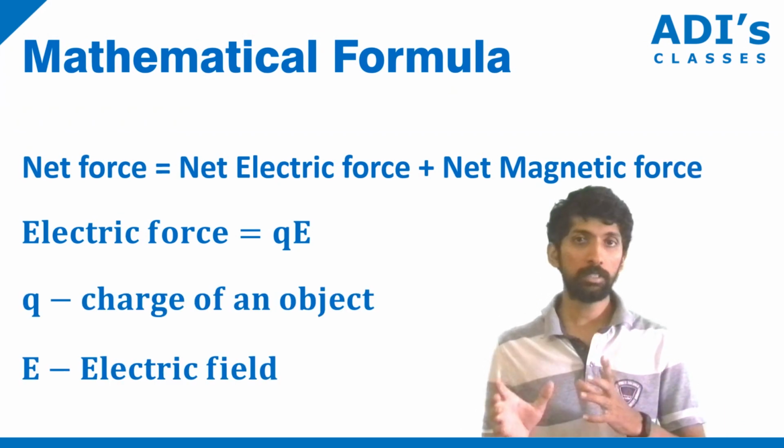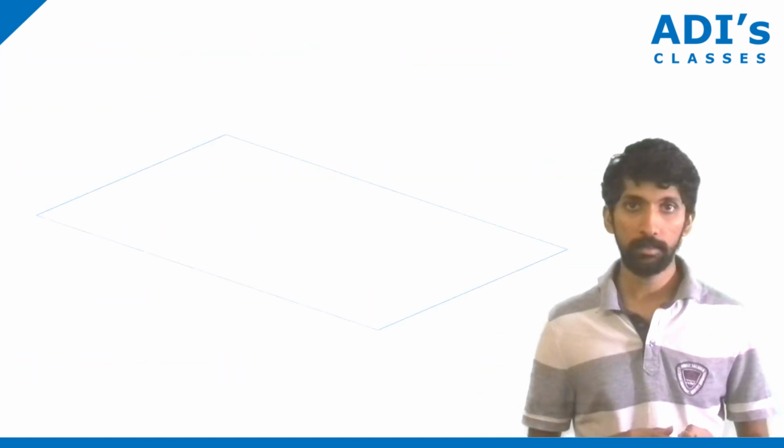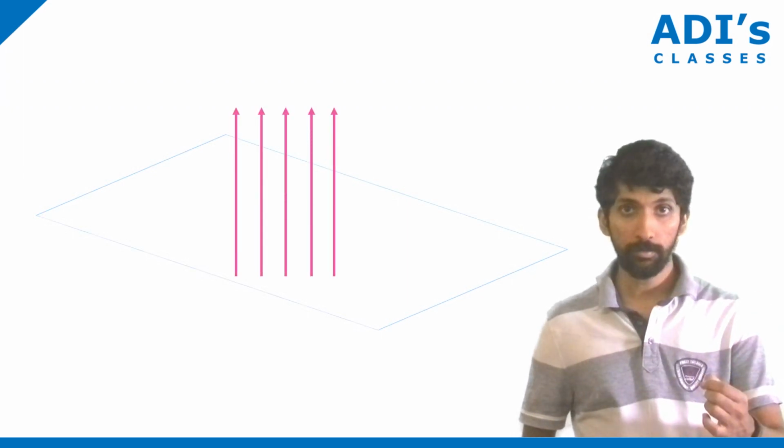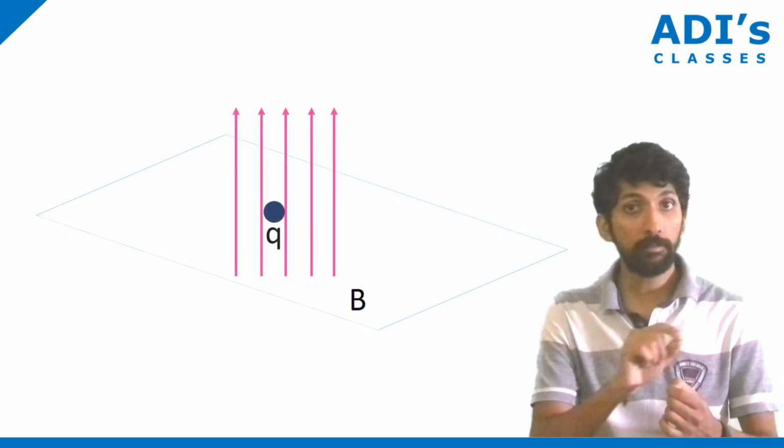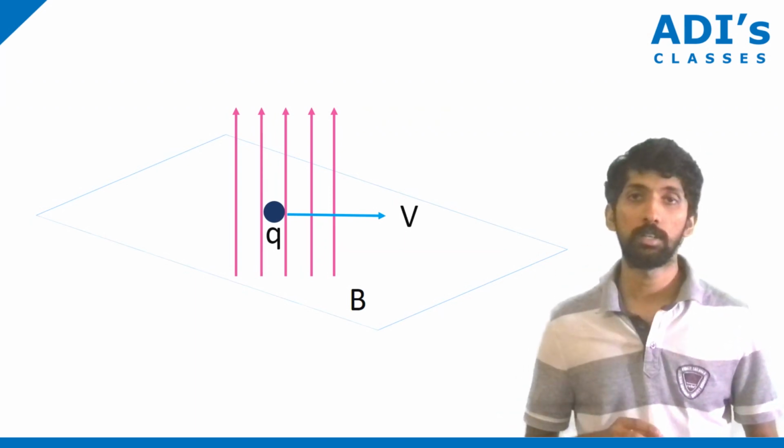Now to figure out the magnetic force, look at this. We have a magnetic field B and a charge Q, and the charge Q is moving with a velocity V, correct? Now there will be a force acting on the charge.